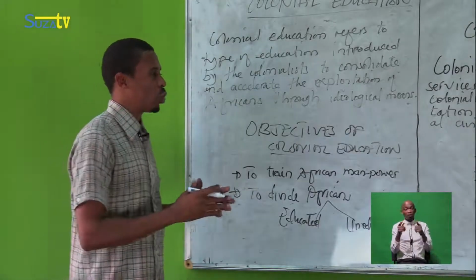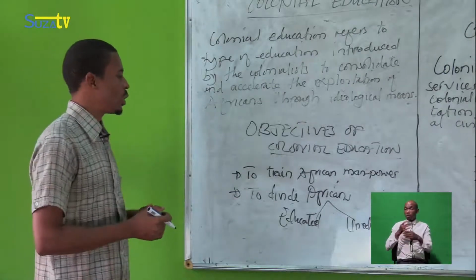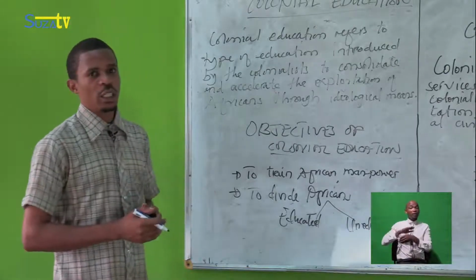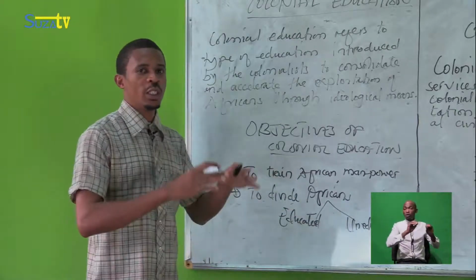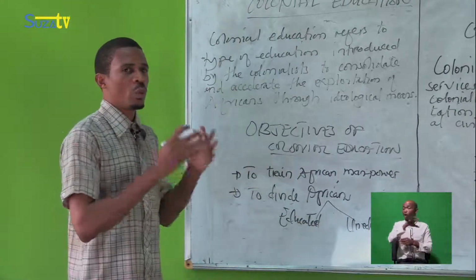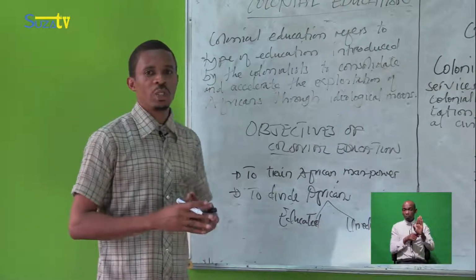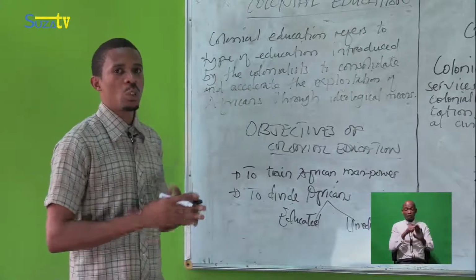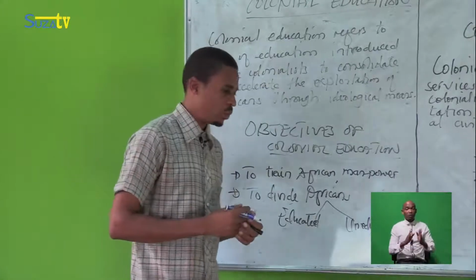Various agricultural skills were instilled to the Africans. Various production techniques and skills were taught to the Africans. All these were provided aiming at getting Africans who could be able to engage in production of raw materials.